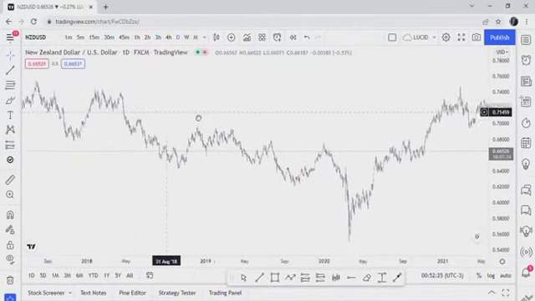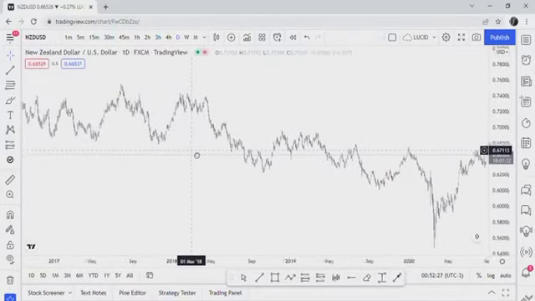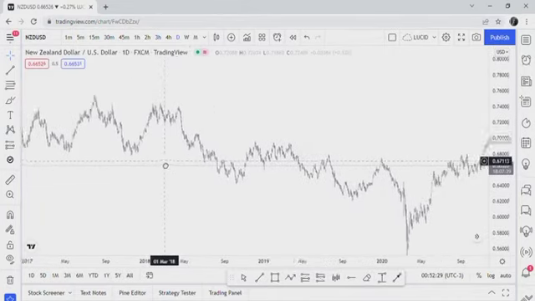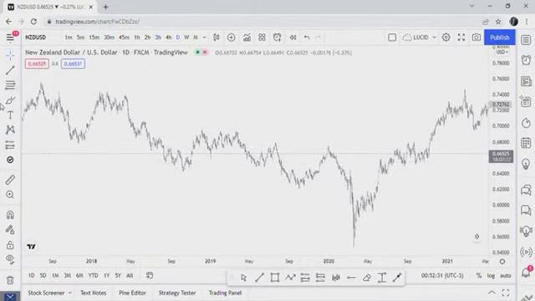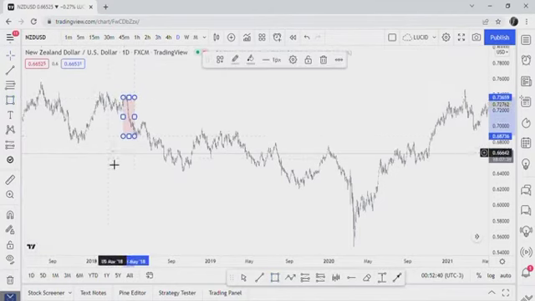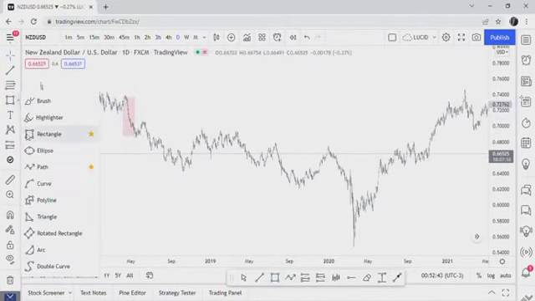So you can see what's been going on here, right? We have our impulsive leg here, and we have our corrective leg.